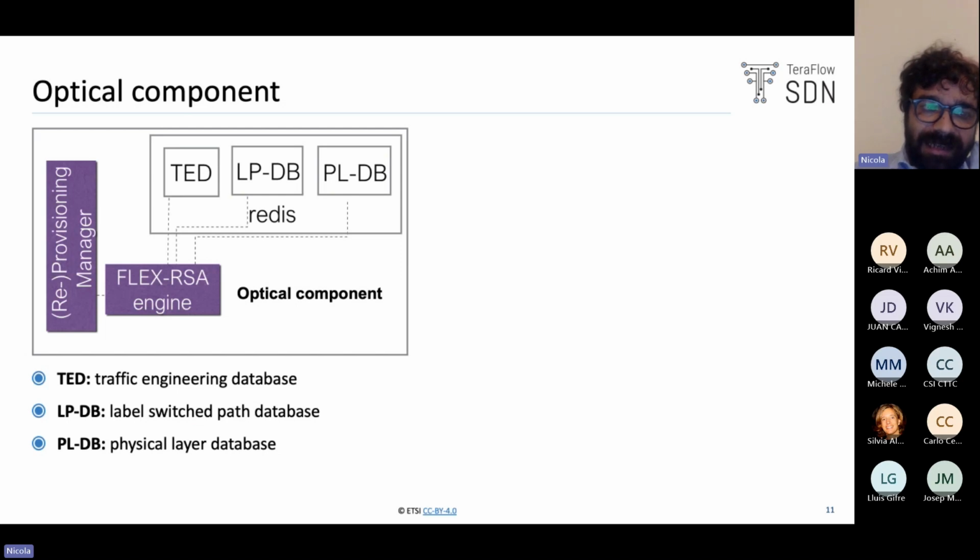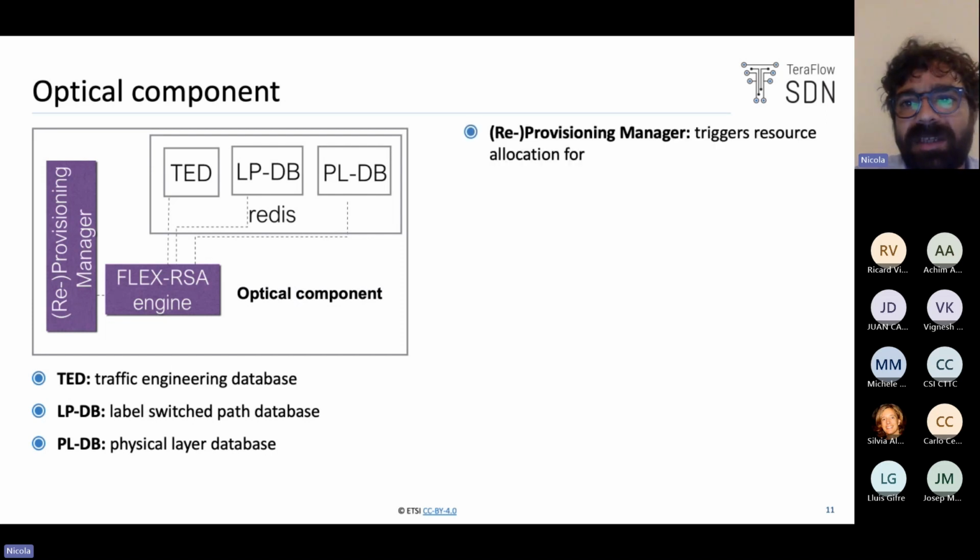So let's start from the left side. You can see the reprovisioning manager. This module inside the optical component triggers resource allocation. And we have three use cases for resource allocation. The first use case is the provisioning of an optical service.